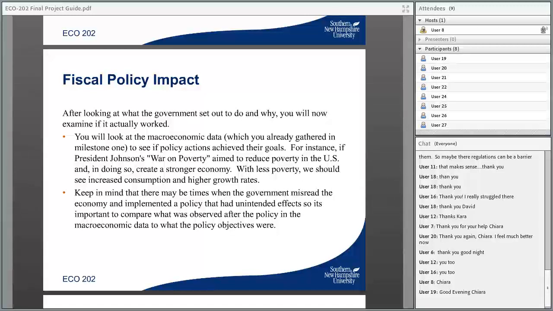So for this last action, you also have an exemplary category. And in this case, you are going to use concrete examples and substantiate your claims. So when you're trying to explain what the impact of the policy was, you need to provide an example of why you think that was the impact of the policy, a concrete example.